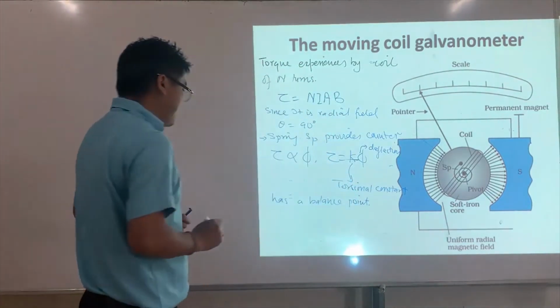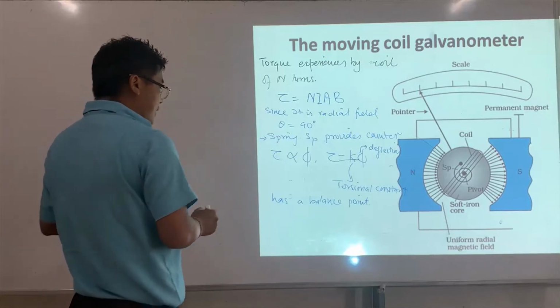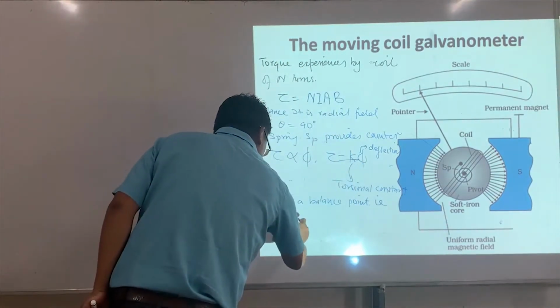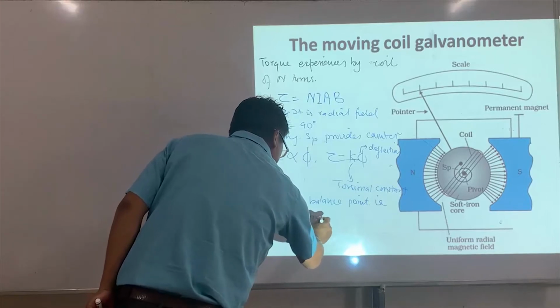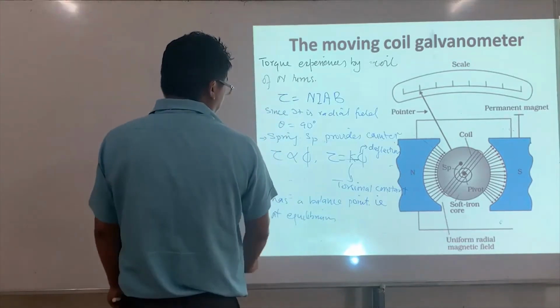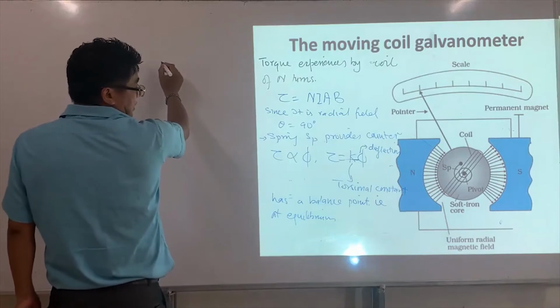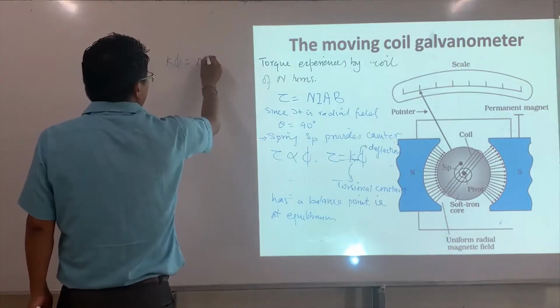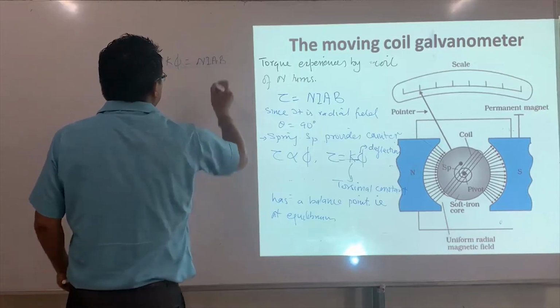So that is equilibrium. At equilibrium, K phi is equal to NIAB.